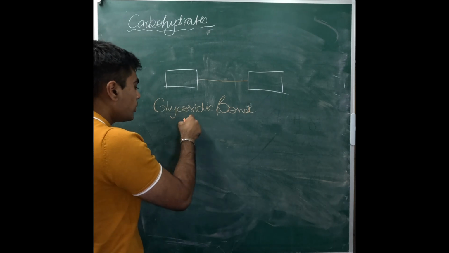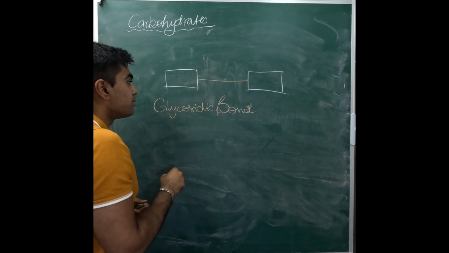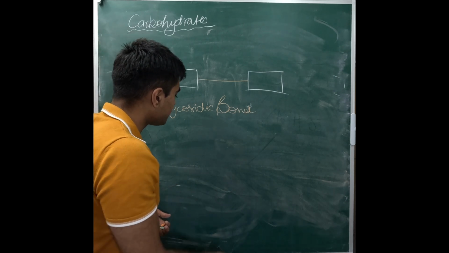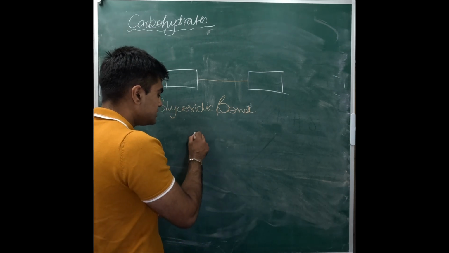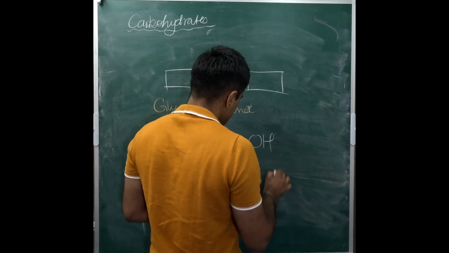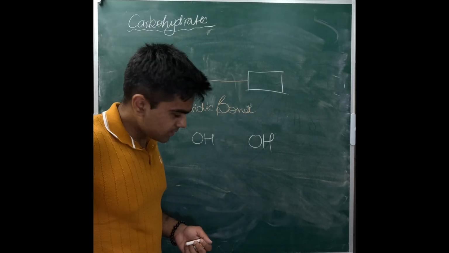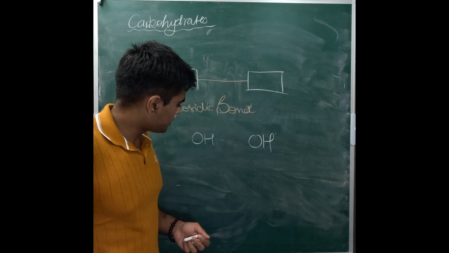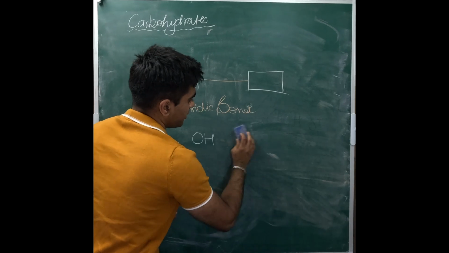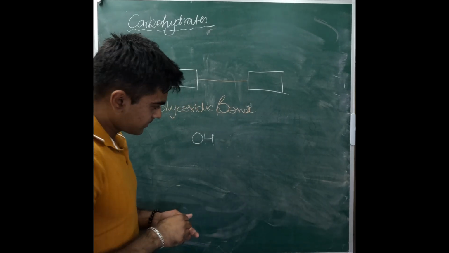Now, what happens when a glycosidic bond is being formed? Well, essentially you've got two OH groups of these monosaccharides, and they're next to each other. Actually, should I draw it like this? You've got two carbohydrates and they've got their OH groups, right?